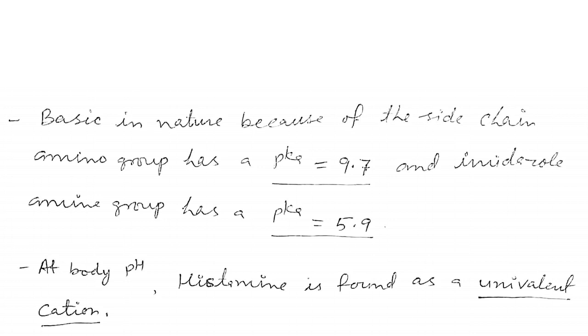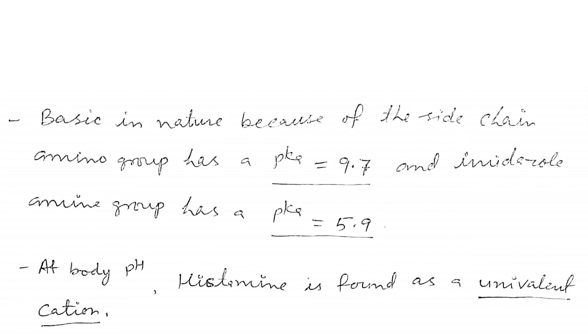When the pK value is higher, the basicity is more. So the primary amine in the side chain ethylamine group has the higher pK value, 9.7, which means more basic.